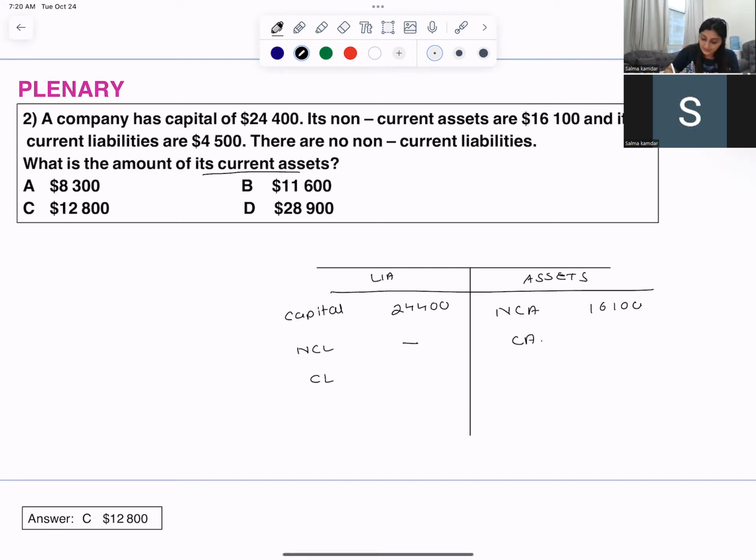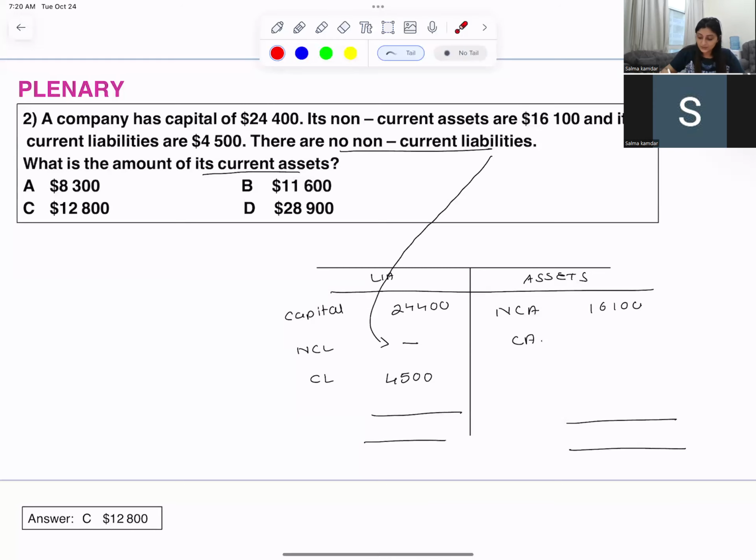Your current liabilities are 4,500 and there are no non-current liabilities. You should know that your total assets is equal to your total liabilities. I have my total liabilities, which is 24,400 plus 4,500. So it is 28,900.